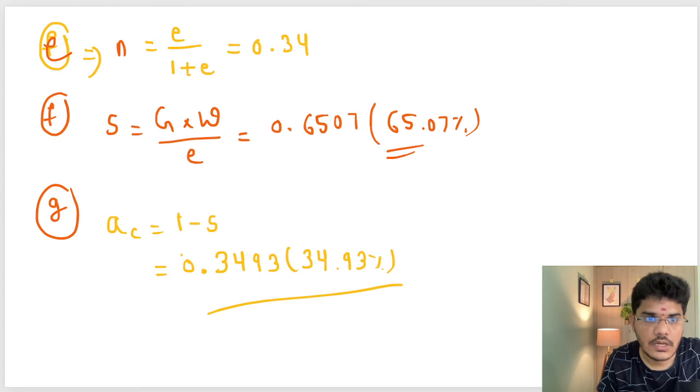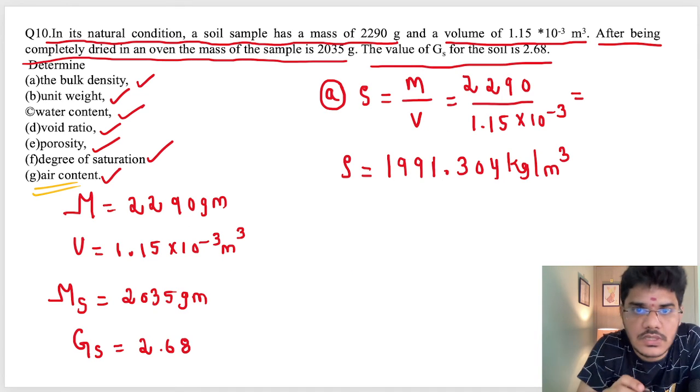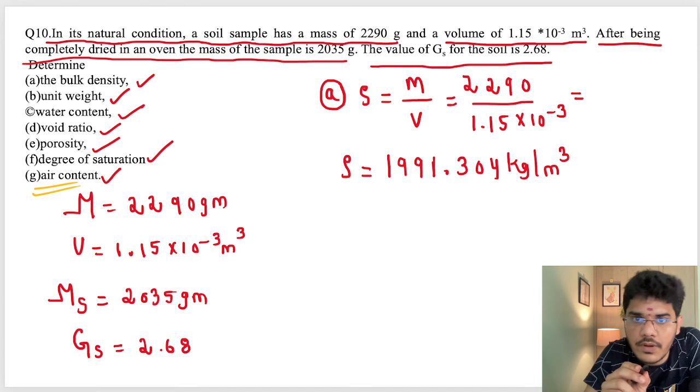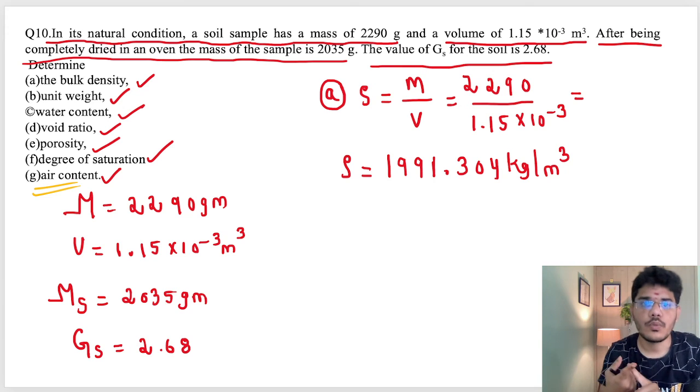So let us quickly recollect what we have done. In this problem, a wet soil sample he has given, its mass he has mentioned and volume he has mentioned. After drying in the oven, the dry weight also he has mentioned, and the specific gravity of the soil also. Now how have we calculated? First we calculated the bulk density, total mass to the total volume. And second, unit weight.